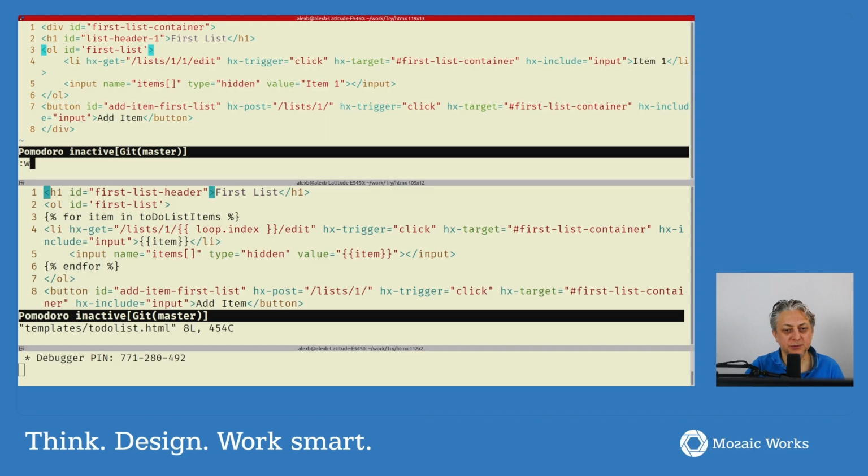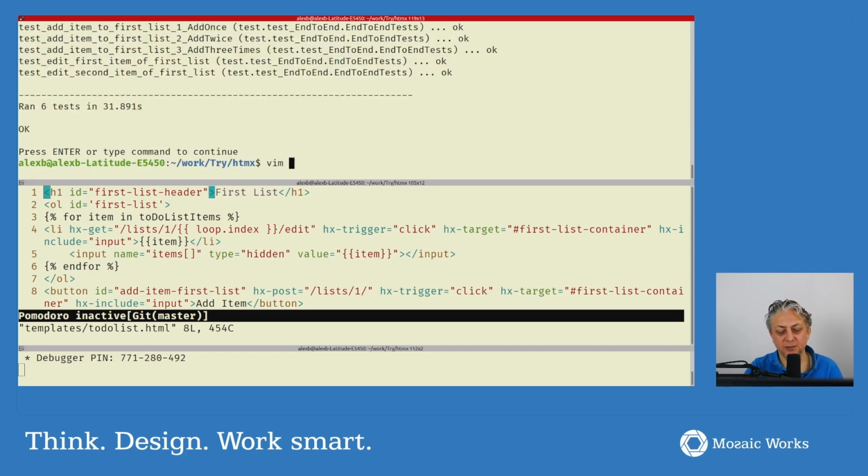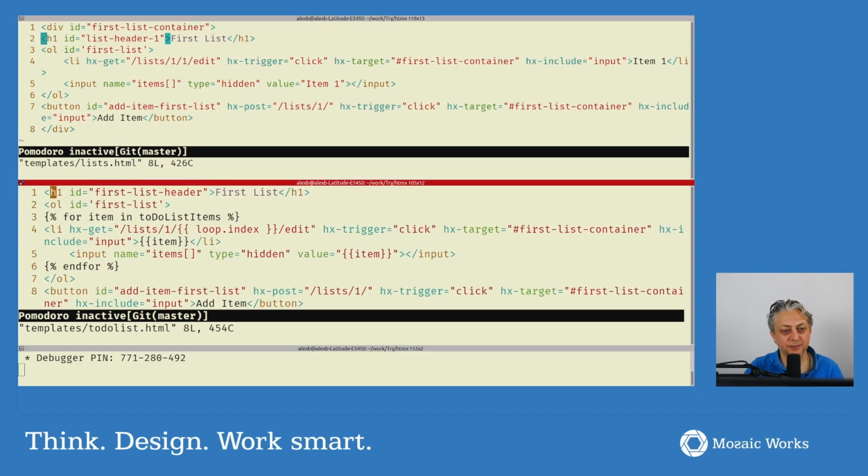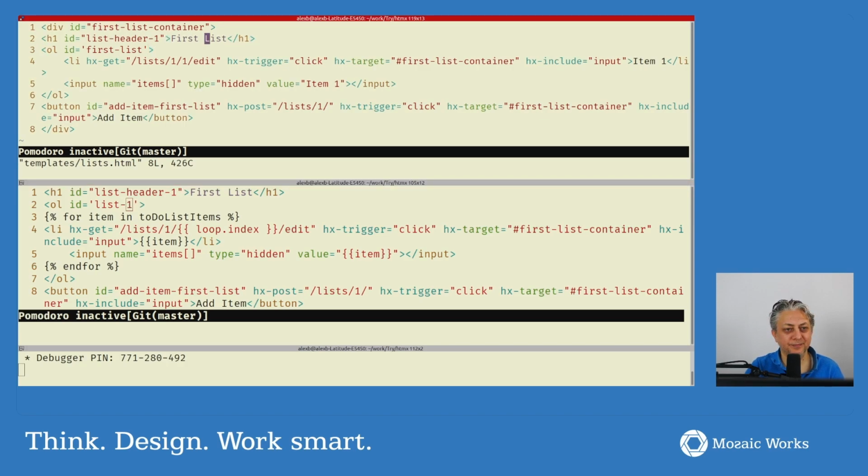So I'm gonna close this and then I'm gonna open templates, lists, and make sure that I have the same thing. So list header-1, list-1, and it will be hx trigger, hx target, the container should be container-list1.